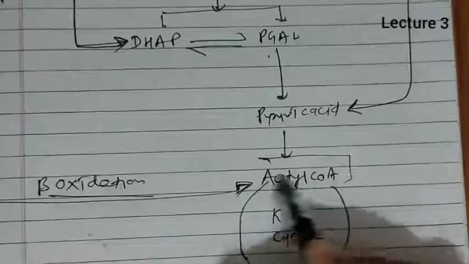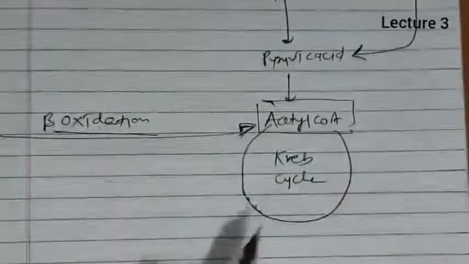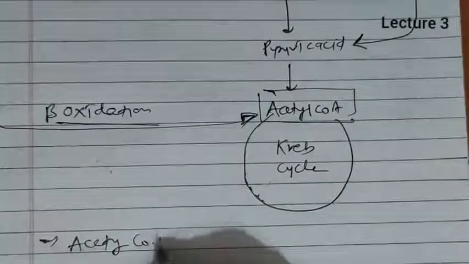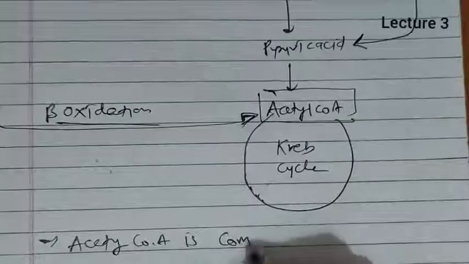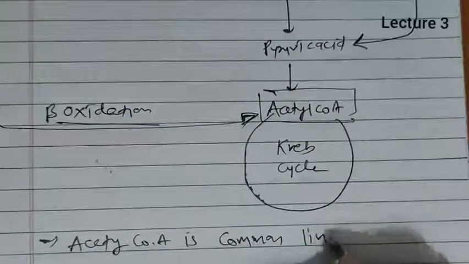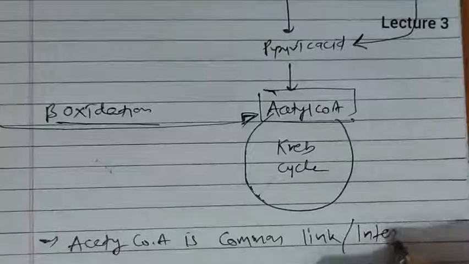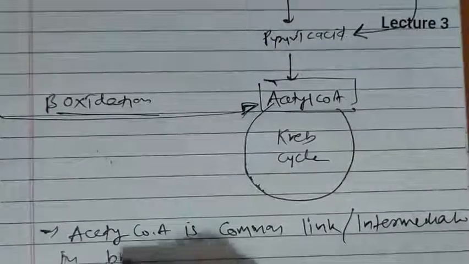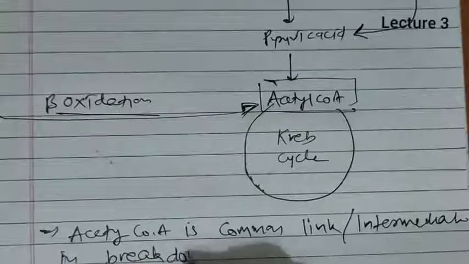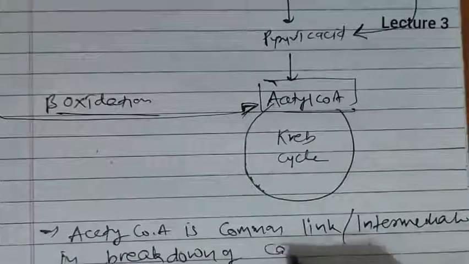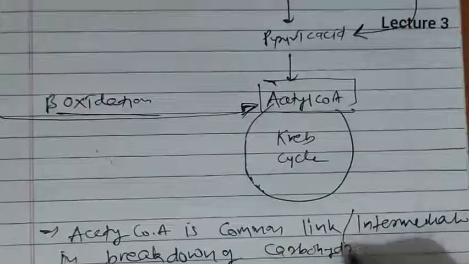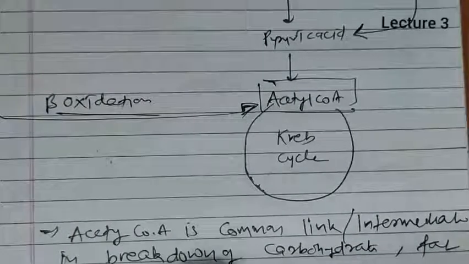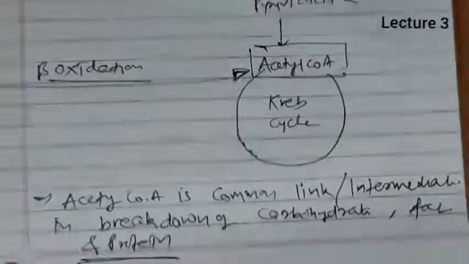Acetyl coenzyme A is a common link or intermediate in the breakdown of carbohydrate, fat and protein. First important point is this.